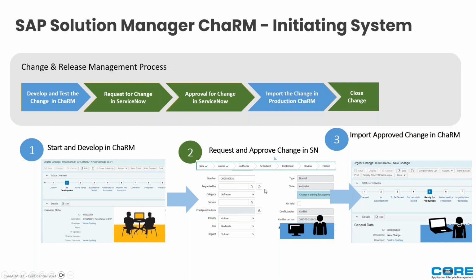And only at that time we obtain approvals in ServiceNow and we deploy it, for example, to production in charm. So at a high level, just remember that either system can be a leading system, and we can map any status to any status, and in addition to that, we can map individual fields. And we'll talk about that a little bit more in the next few slides.